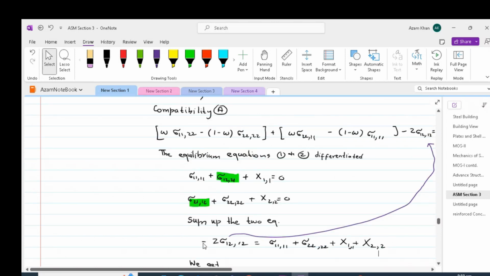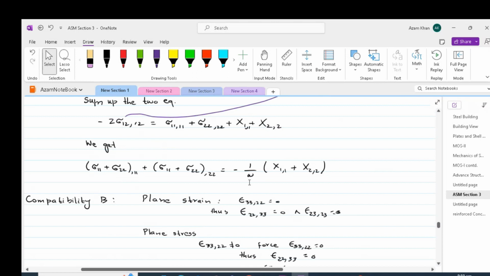This is actually the value of minus 2 sigma 12,12 in our compatibility equation. We can plug the value of 2 sigma 12,12 into the compatibility equation, and we get the final equation: (sigma 11 plus sigma 22), the whole bracket, comma 11.